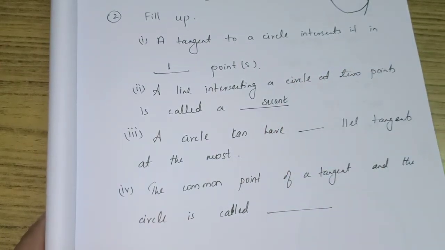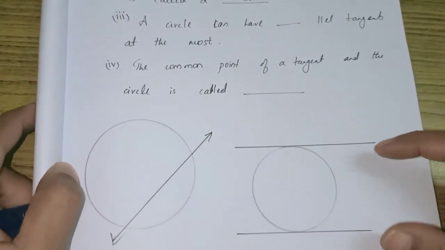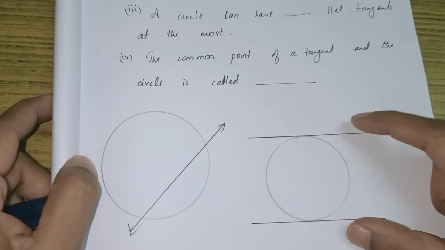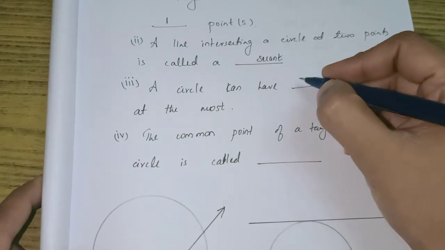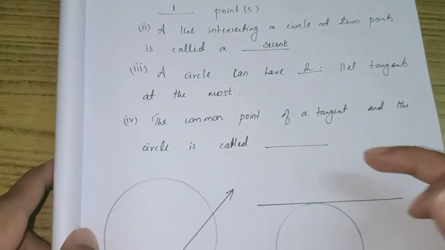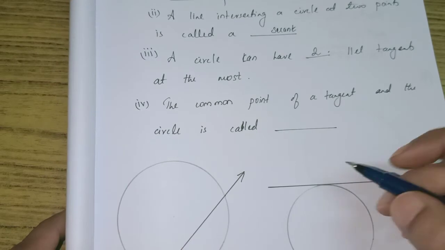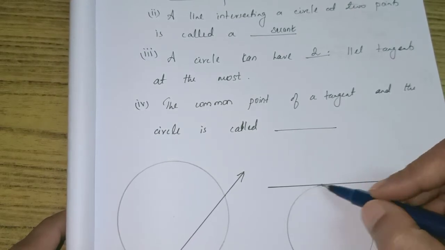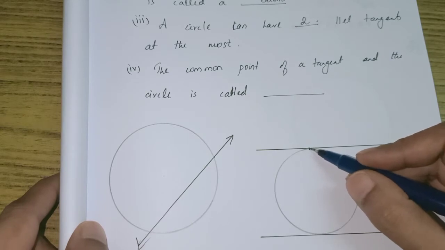A circle can have dash parallel tangents at most. So in one particular direction we can have at most, that means maximum, 2 parallel tangents. The common point of a tangent and a circle is called a dash. This is the tangent and this is the circle, and this is the common point.